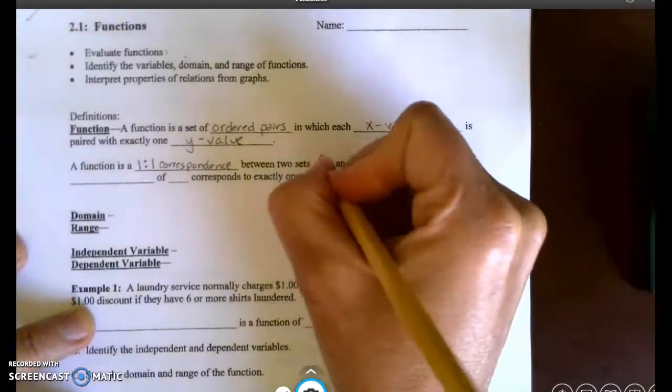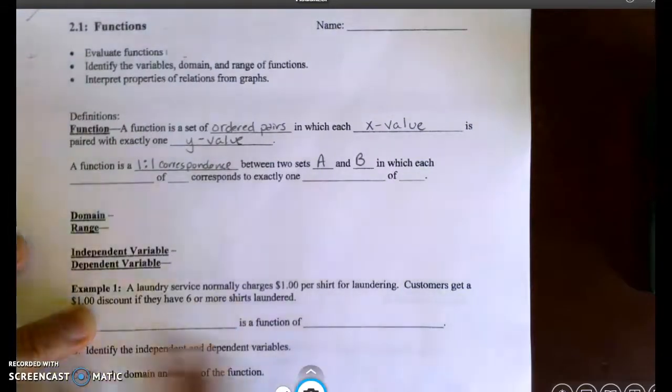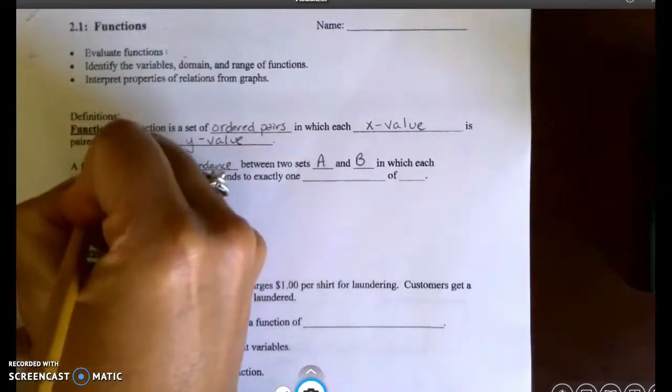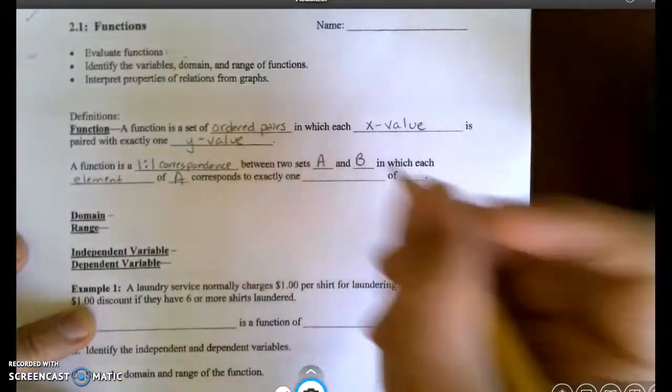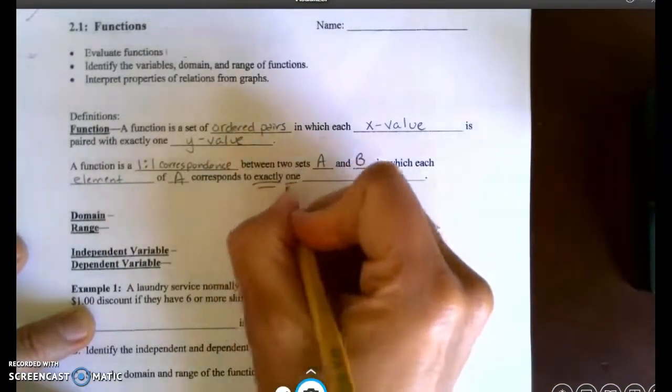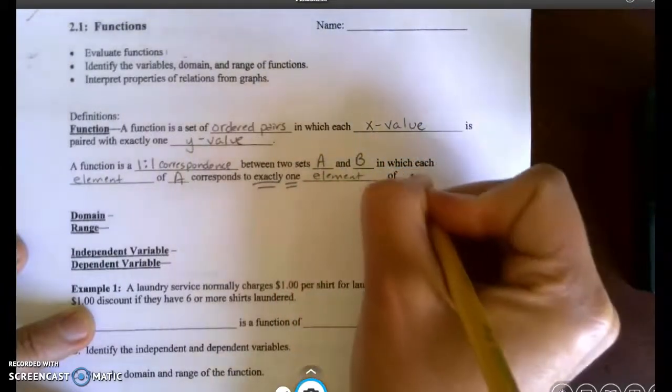We'll call them A and B, in which each element of A corresponds to exactly one element of B.